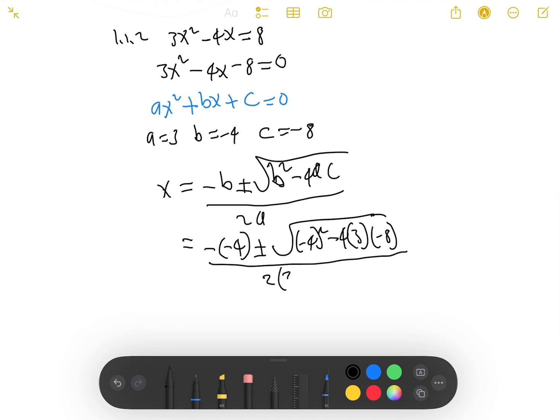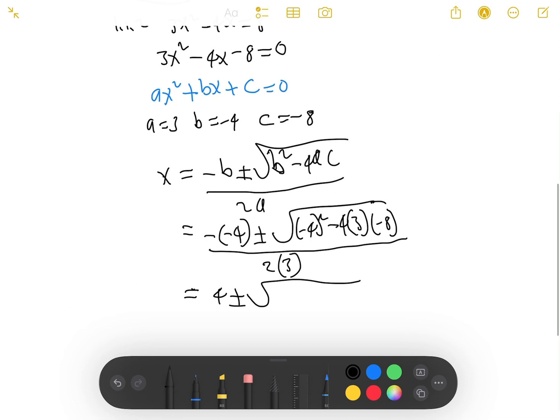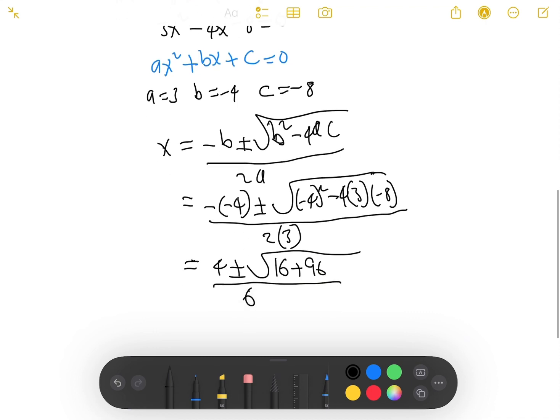Our a is 3. So this gives us 4, negative and negative, plus or minus the square root of this would give us 16, 4 squared. And then negative times negative is positive, therefore it will basically be 4 times 3 times 8, which is 96, over 2 times 3 is 6.